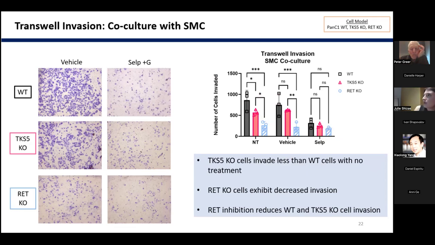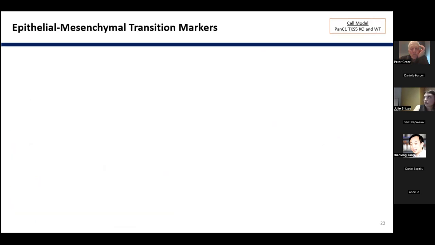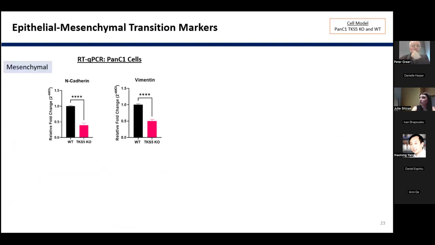To complement this, I then looked at epithelial-mesenchymal transition markers in two cell types, the TKS5 knockouts versus the wild types. In terms of mesenchymal markers, I did RT-qPCR and looked at N-cadherin and vimentin, which are both markers of a more mesenchymal phenotype. We can see that the wild type cells have about double the amount of N-cadherin and vimentin compared to the TKS5 knockout cells.